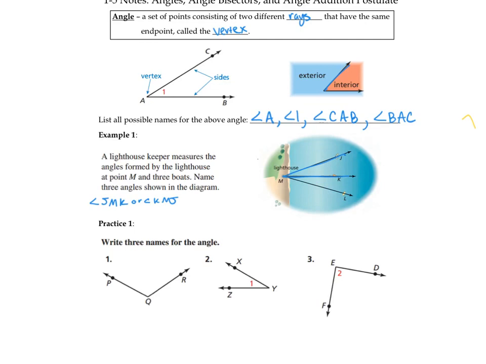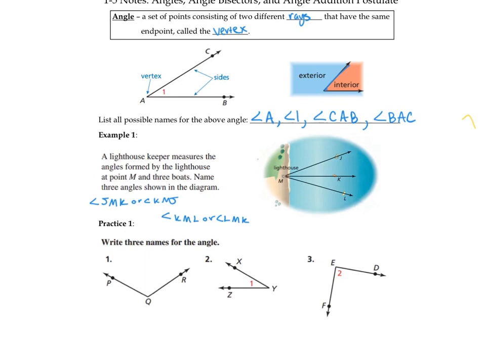Okay, for the second angle, I'm going to do the one on the bottom, which is this one here. I'm going to erase this just to get it out of the way. All right, so for this next angle, the angle on the bottom, I'm going to call that angle KML or angle LMK.